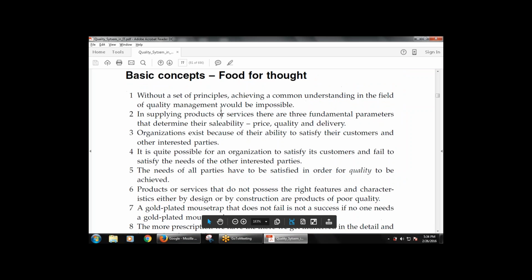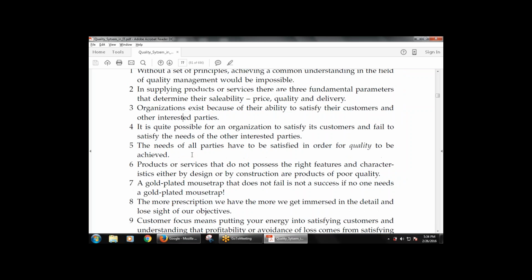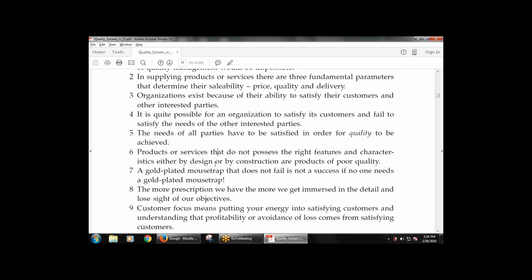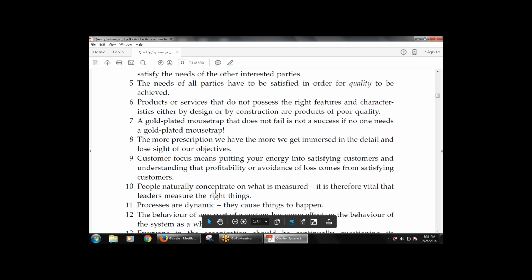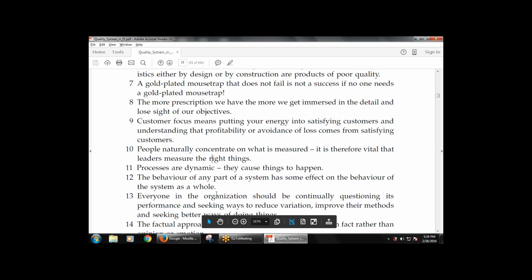So the first point says we are using the principles, the fundamental parameters that exist for their capability, the need of the customer, the various right features that are used, the gold-plated mousetrap, and the customer focus. Processes are known as dynamic. That means they cause things to happen.